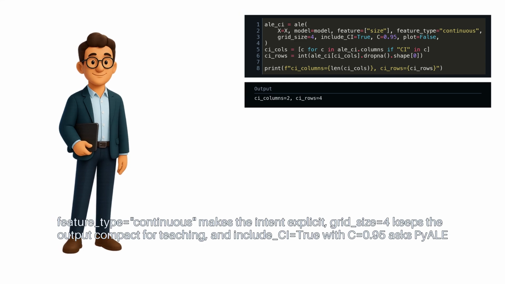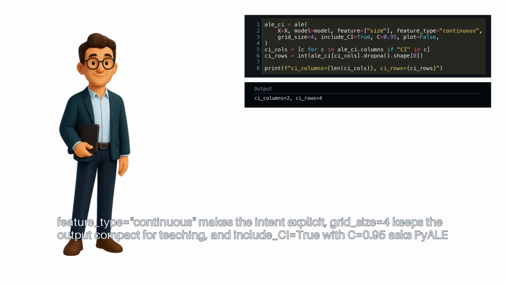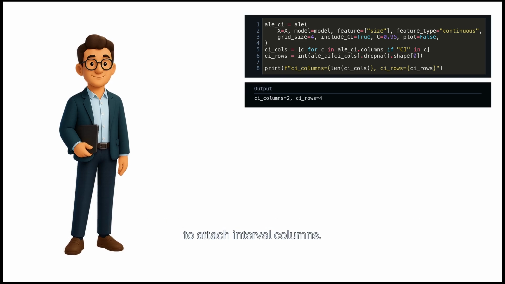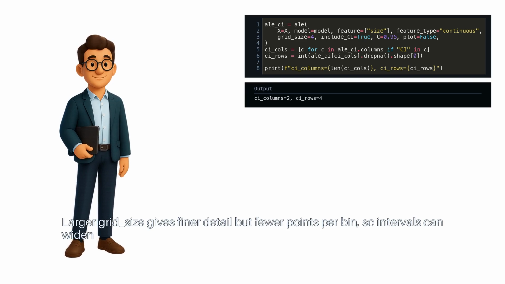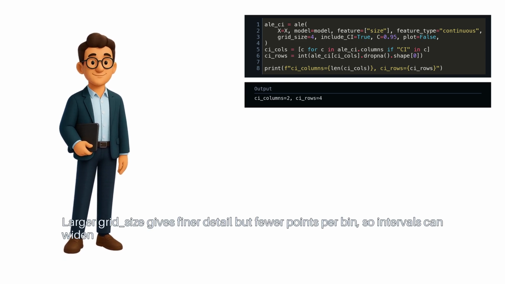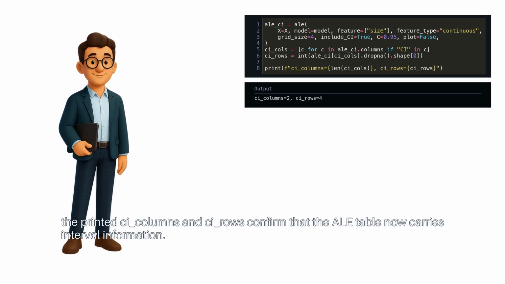Grid size equals 4 keeps the output compact for teaching, and include CI equals true with C equals 0.95 asks PyALE to attach interval columns. Larger grid size gives finer detail but fewer points per bin, so intervals can widen. The printed CI columns and CI rows confirm that the ALE table now carries interval information.